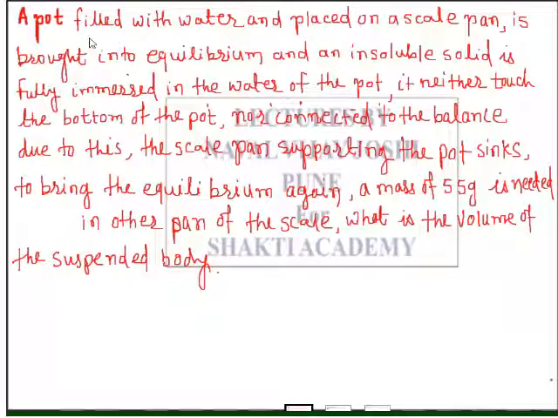So the immersed object would cause the displacement of water, and this displaced water would exert upthrust on the immersed object, and obviously this upthrust is responsible for the burden or force on the pot filled with water, and that's why the equilibrium got disturbed when we immerse that object inside the water.